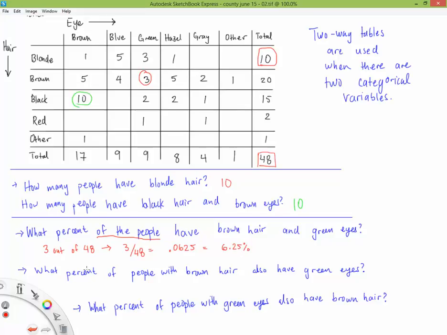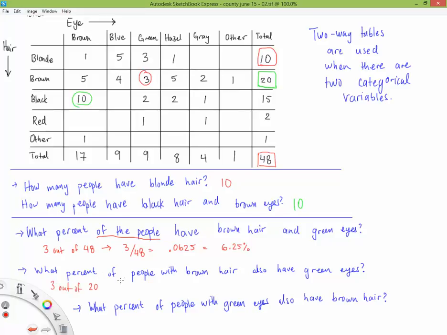Okay, and the next question says, what percentage of people with brown hair also have green eyes? Okay, 3 over 20. Here, we're looking at 20 people who have brown hair. So we're going to say 3 out of 20.